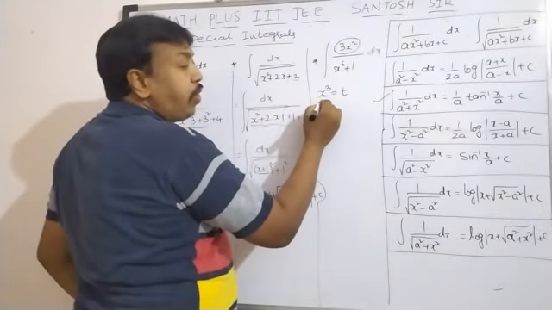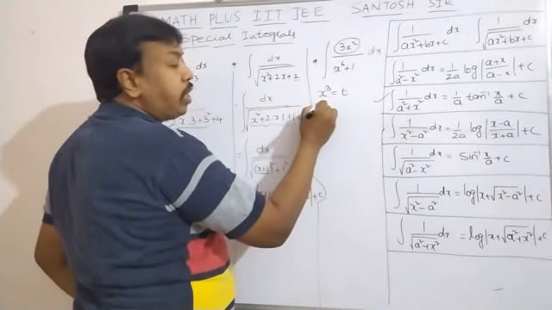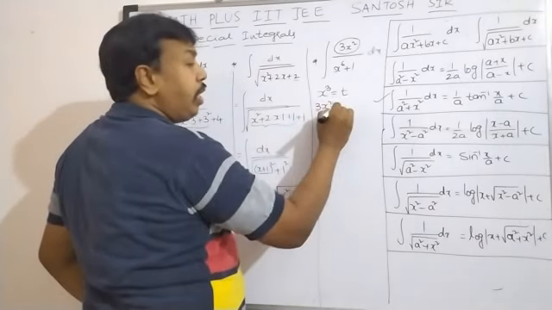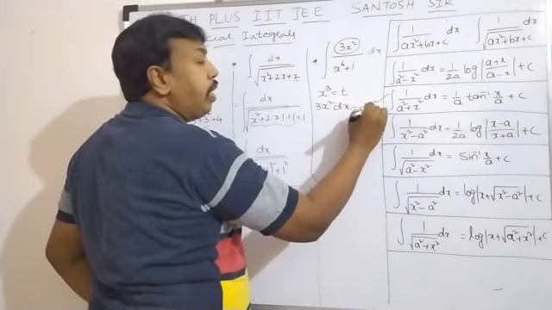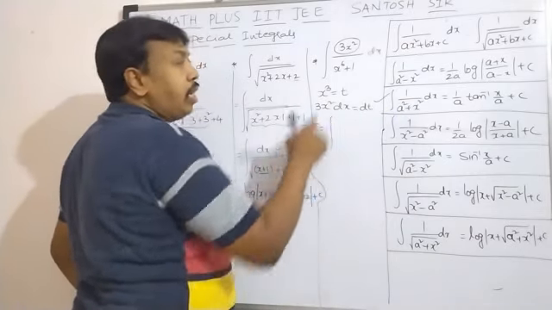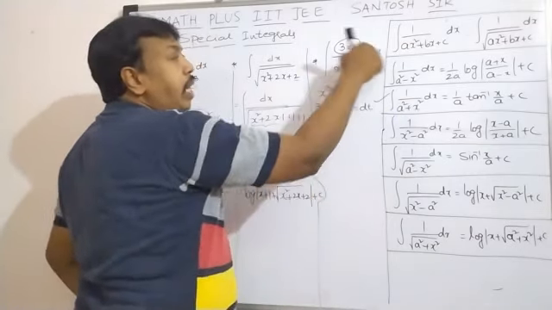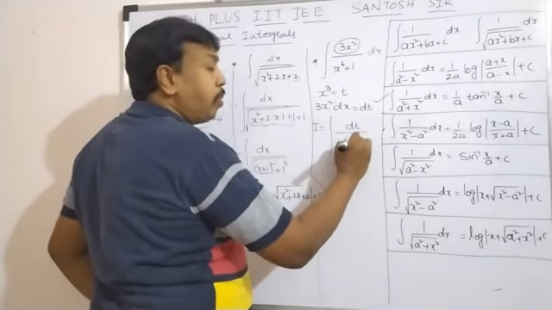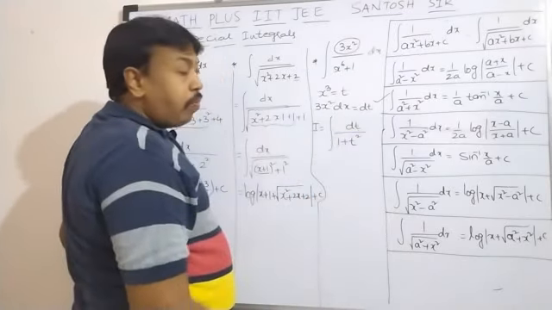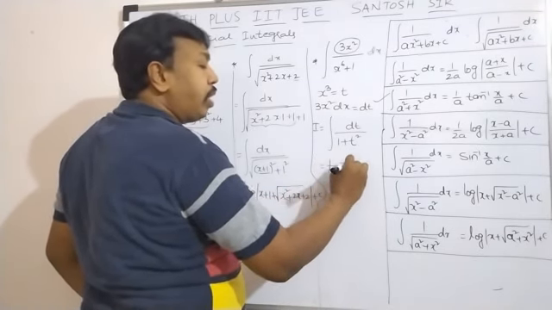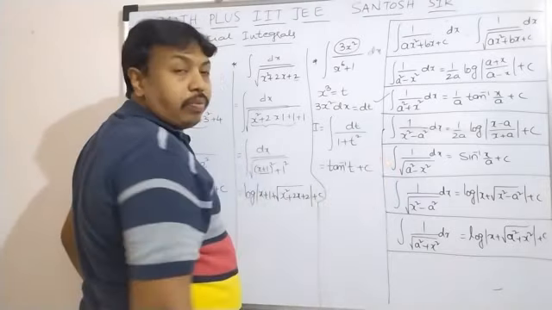Now differentiate with respect to x on both sides. So x cube differentiation is 3x square dx equal to dt. Now the integration becomes integral dt upon 1 plus x power 6, which can be written as x cube whole square, that becomes t square. 1 upon 1 plus t square is simply tan inverse t plus c.